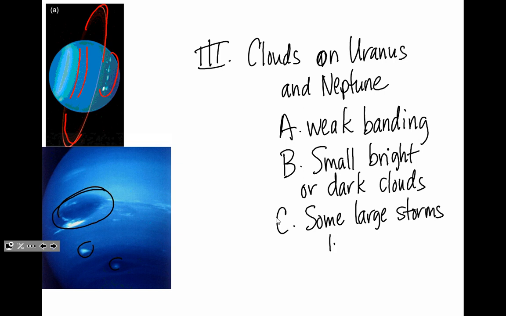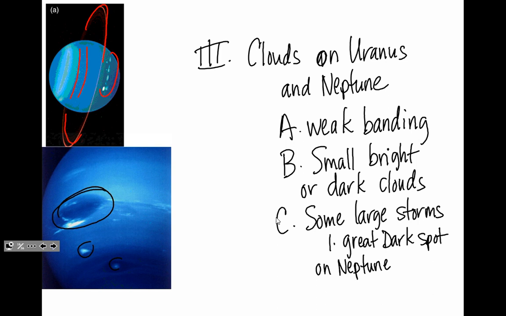So that's just one example, the Great Dark Spot on Neptune. It only lasted for a few years. We don't always have telescopes pointing at Neptune, but we looked for a little while. Later we looked again, and it was gone.